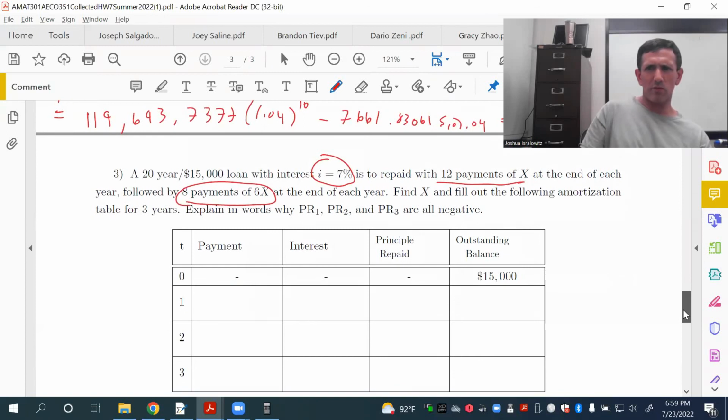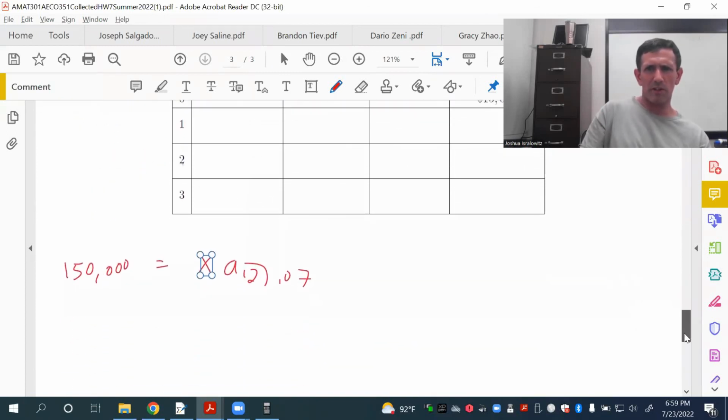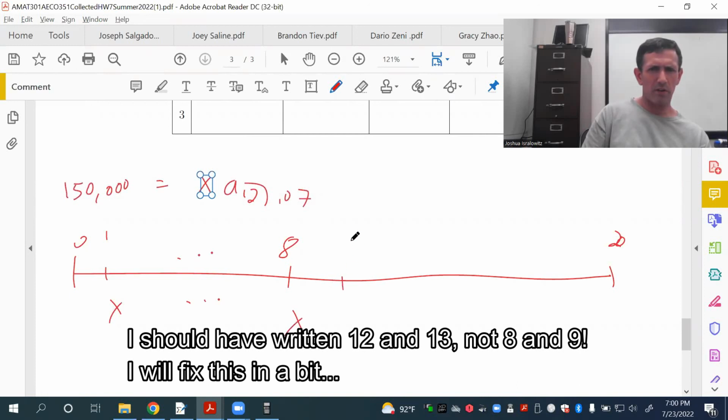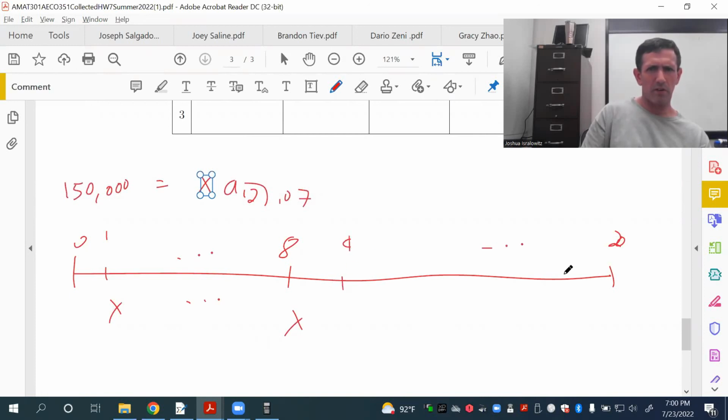So actually, I guess I can draw a time diagram. Make sure we're all on the same page here. 8, 20. So now it's 6X.